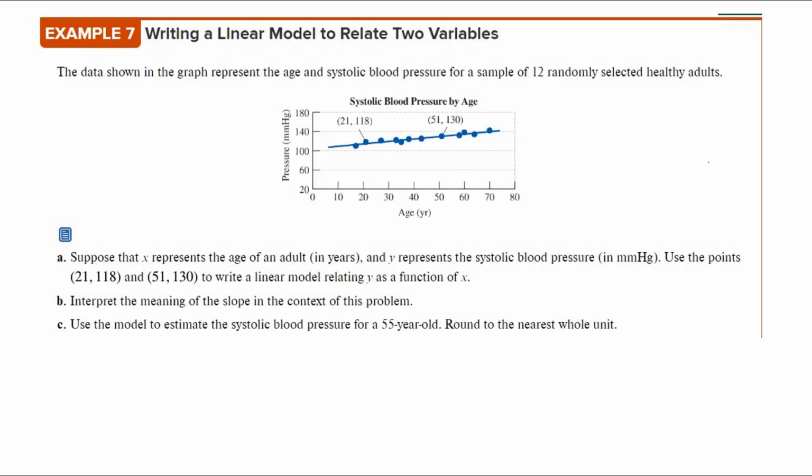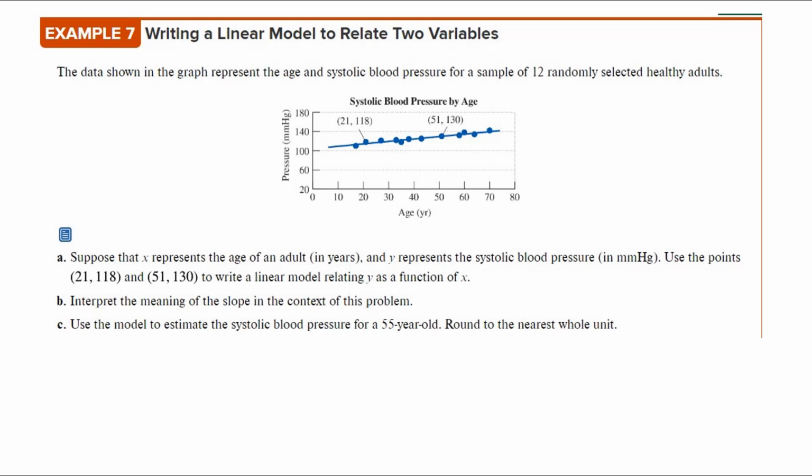All right, so writing a linear model to relate two variables. The data shown in the graph represent the age and systolic blood pressure for a sample of 12 randomly selected healthy adults. So you have your age across the bottom, that's your x-axis, and the blood pressure is the vertical axis. You can see as you get older, your blood pressure does tend to rise a little bit, even if you're fine.